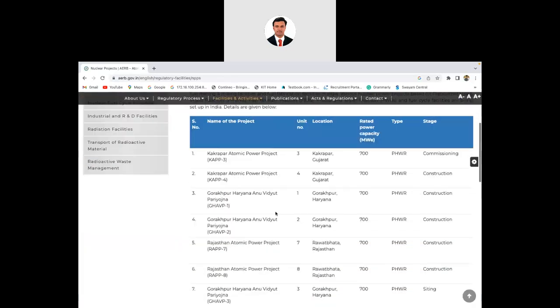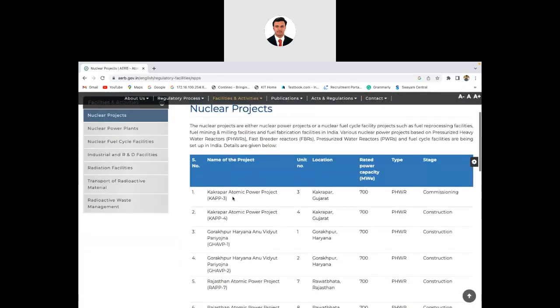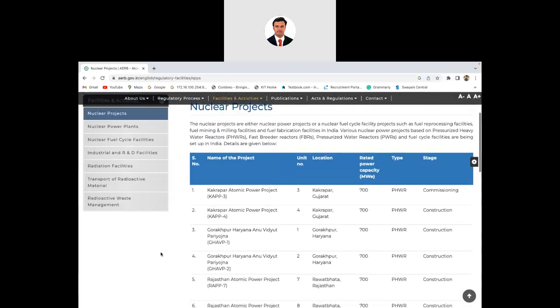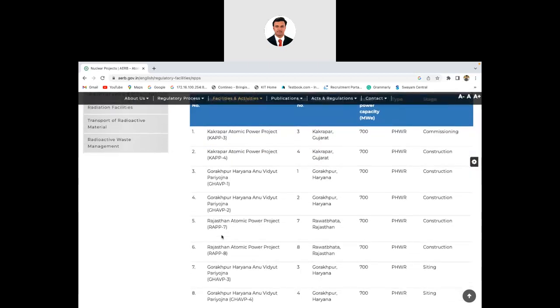You will also see different nuclear projects, which are under development. Kakrapar Atomic Power Project is in Kakrapar, Gujarat.